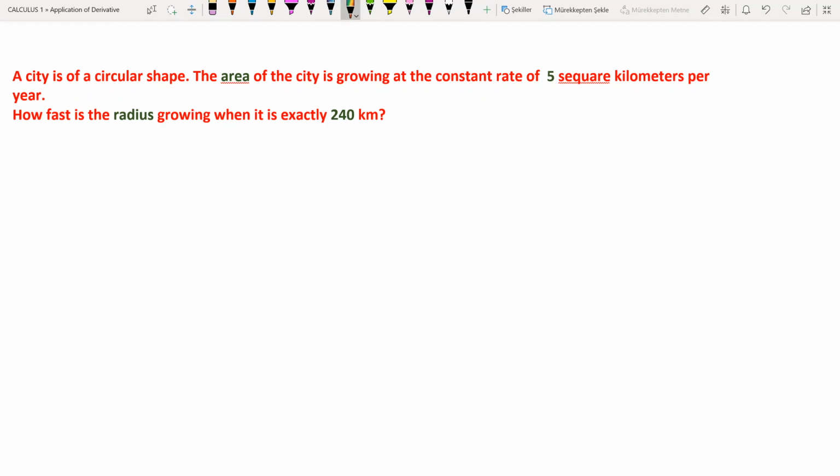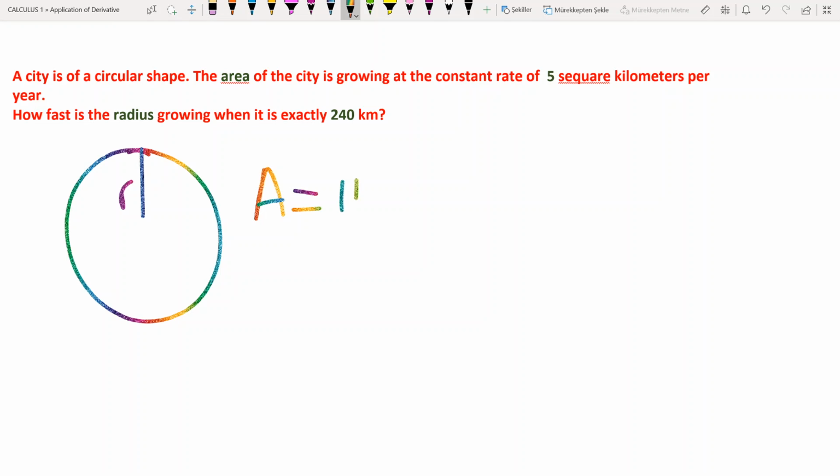Circular shape, something like this, and the area formula of a circular shape is equal to pi r squared.